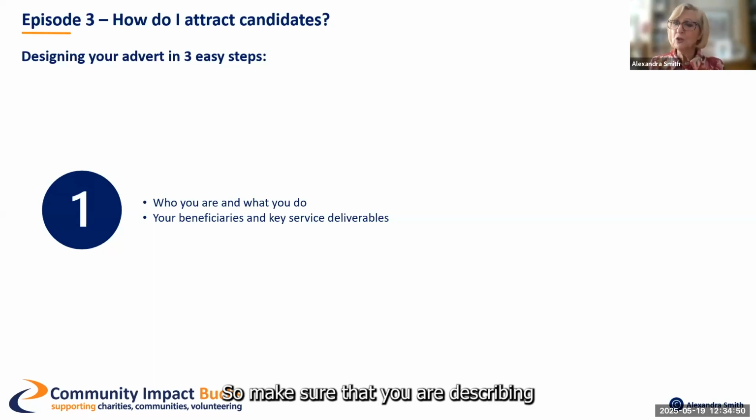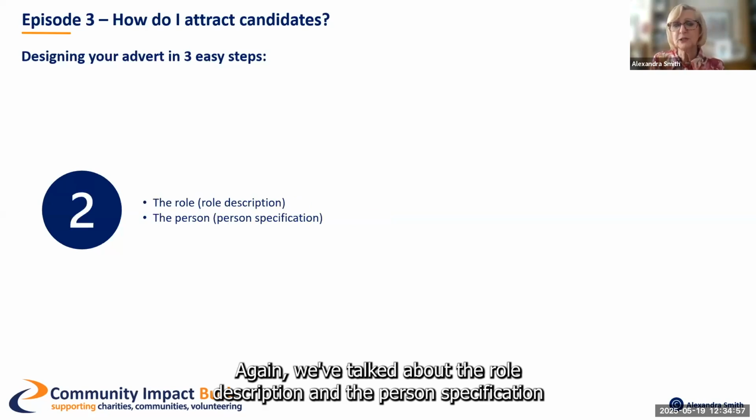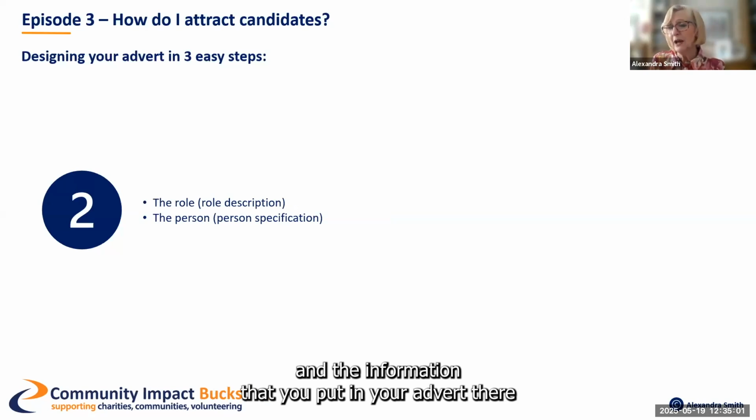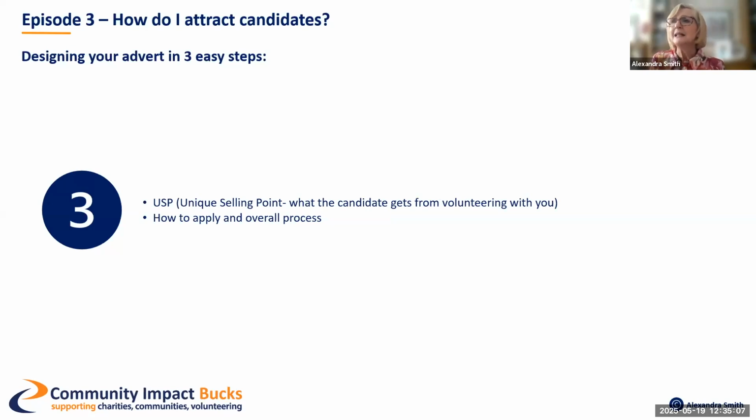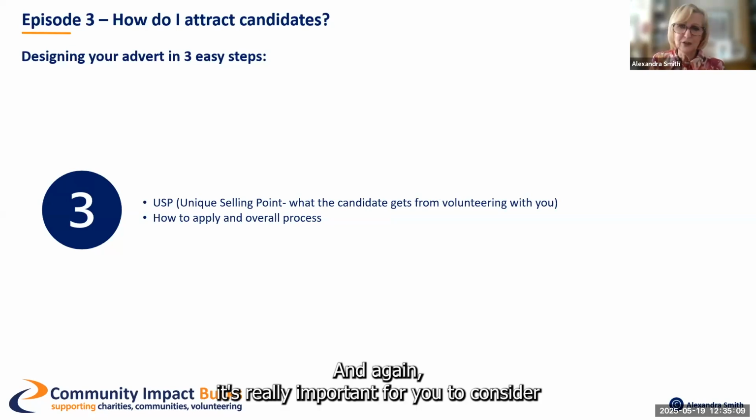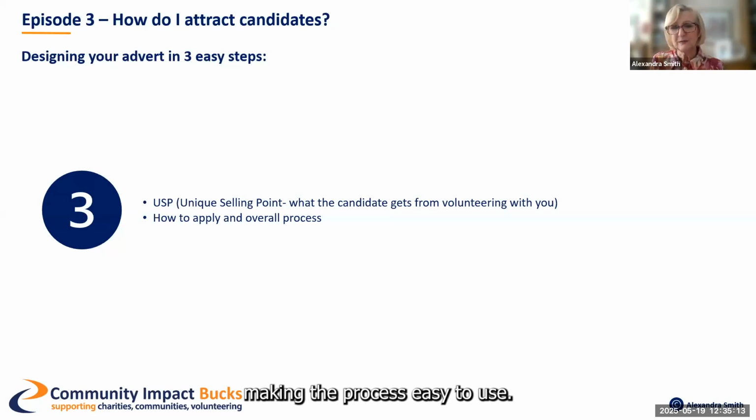So make sure that you are describing your organisation accurately. Again, we've talked about the role description and the person specification, and the information that you'll put in your advert there, and the unique selling point, and how to apply in terms of the process. And again, it's really important for you to consider making the process easy to use.